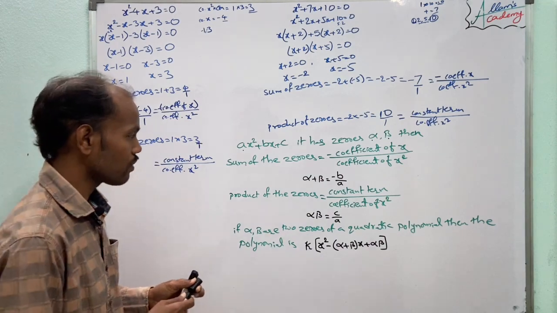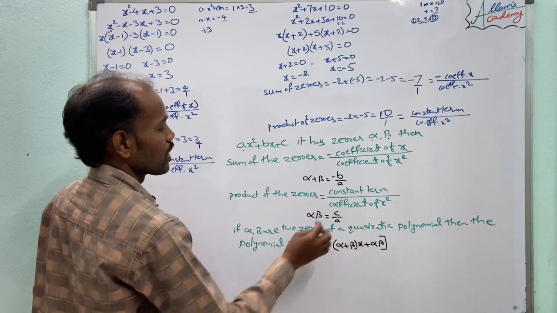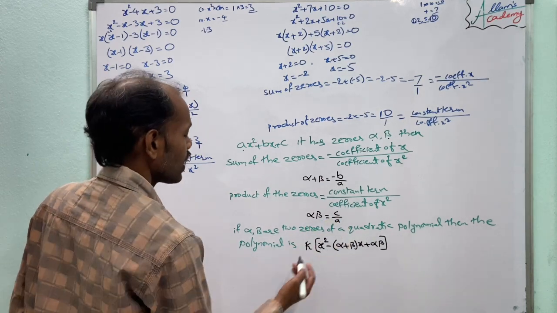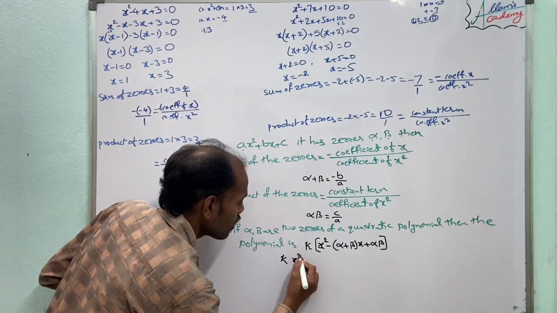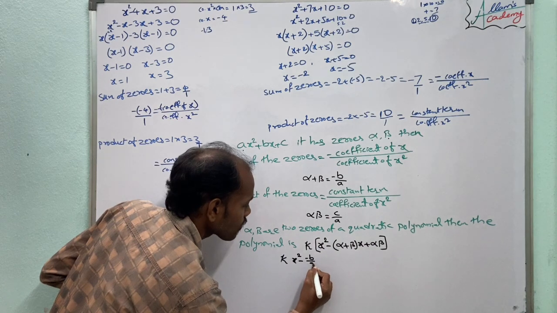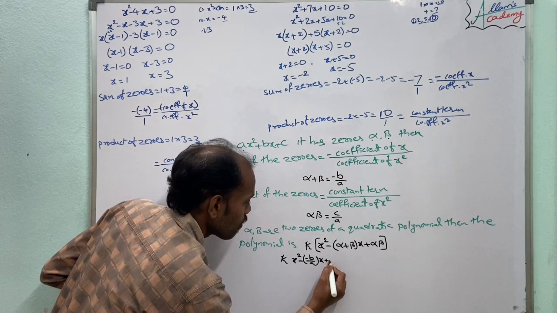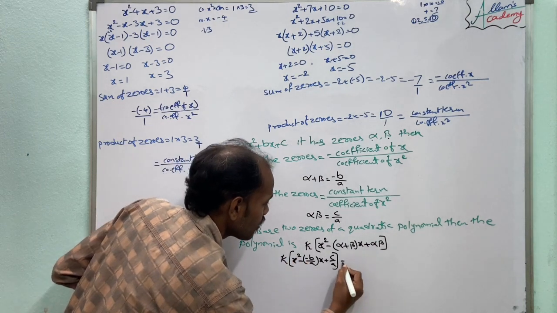If we observe here, alpha plus beta is minus b by a and alpha beta is c by a. Substituting, we get k into x square minus of minus b by a into x plus c by a.